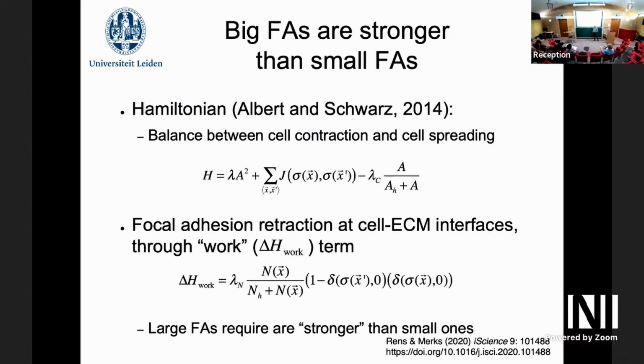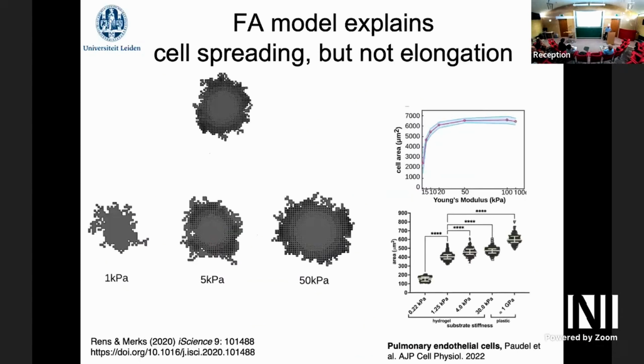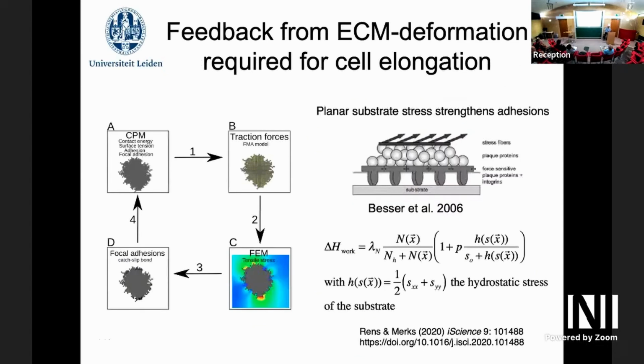This energy is now not the same for every adhesion, but depends on the size of the adhesion. So a bigger adhesion takes more energy to pull away than a smaller one. So let's see what happens if we put that in a model.